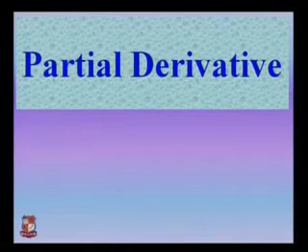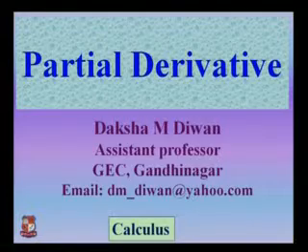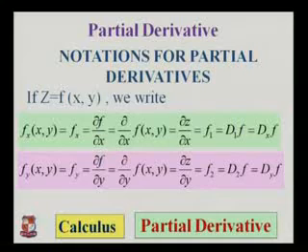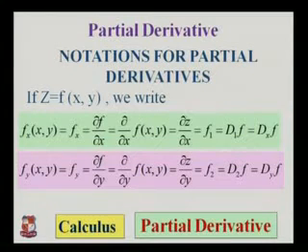Partial derivative. First of all, we will see what the partial derivative is. If z is a function f of x and y, we write f_x(x, y), where f_x is del f by del x. We can use different notations, such as del z by del x, f_1, D_1, or D_x f.